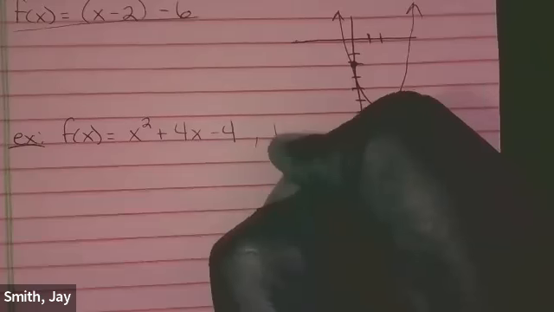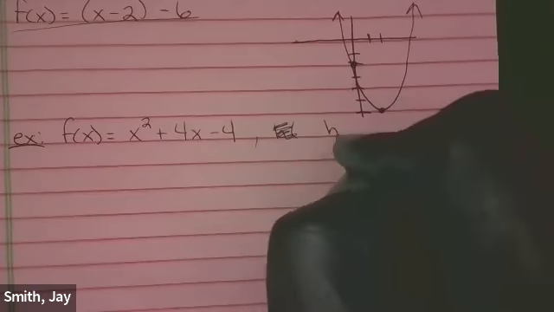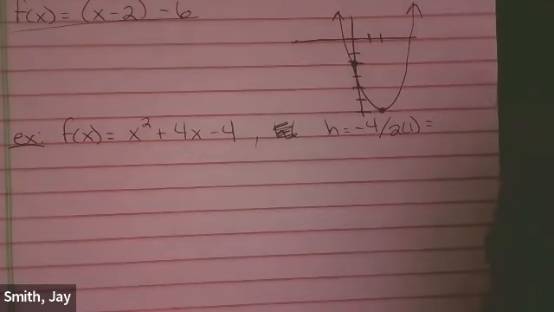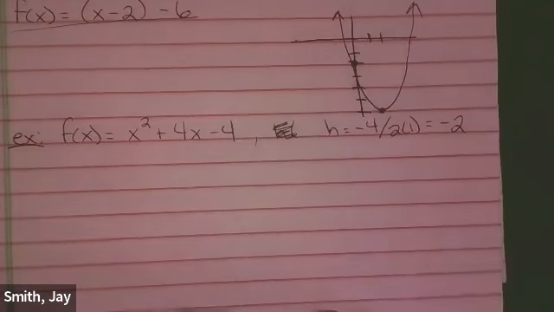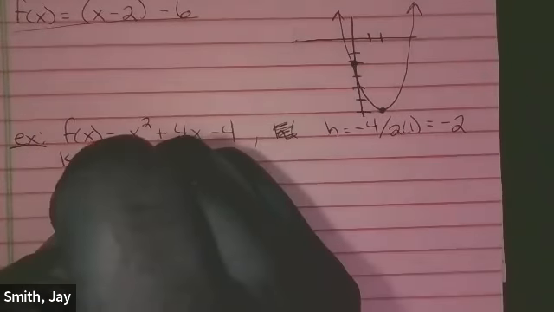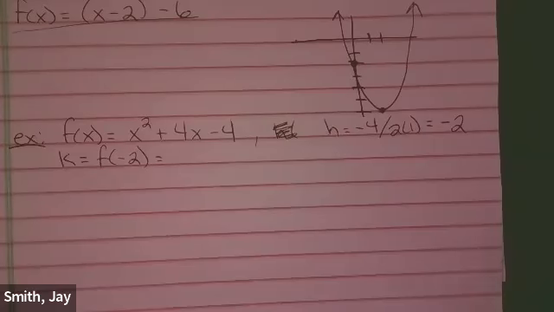The formula: h is equal to negative b over 2a, or in this case, negative 4 over 2 times 1, which means the x coordinate for our vertex is negative 2. For the k, we'll have to evaluate f of negative 2.